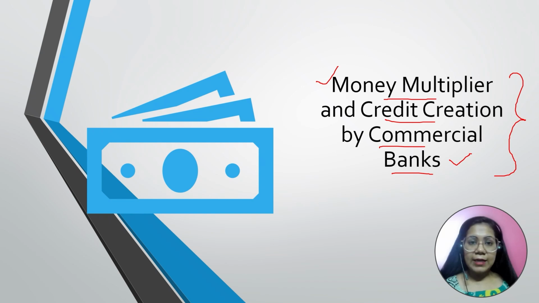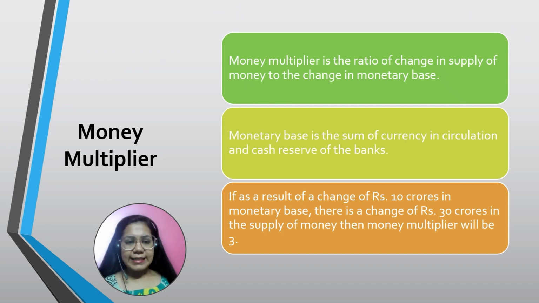Before that, the first thing we have to study is the money multiplier. So what is the money multiplier? Money multiplier is the ratio of change in the supply of money to the change in the monetary base.